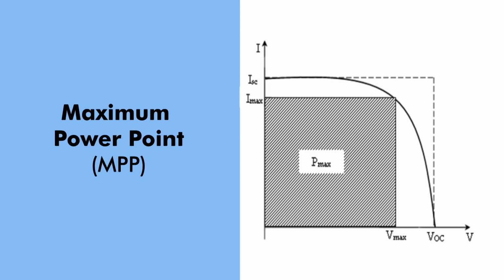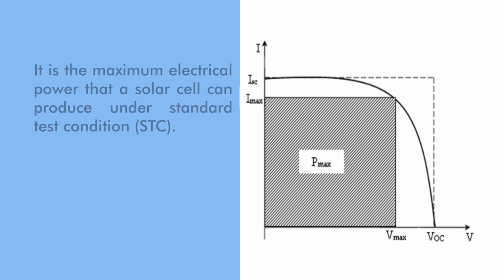Now we will understand what the maximum power point is. Here you can see in the graph, it is the maximum electrical power that a solar cell can produce under standard test conditions. What are those standard test conditions?